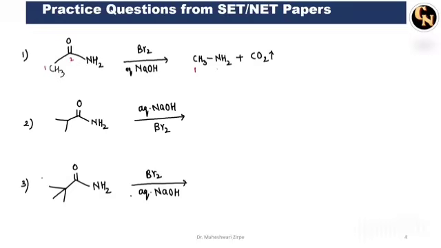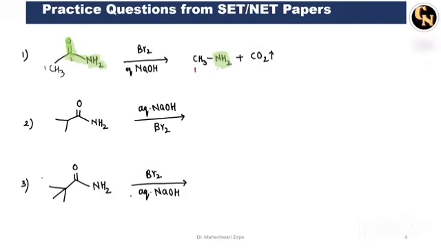That means we can just highlight this: this carbonyl along with NH2, that is the amide group, has been converted simply into amine. So only this much you have to remember, and this is the same as your Curtius rearrangement reaction where the amide group has been converted into NH2 group.